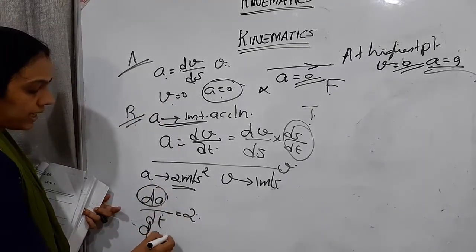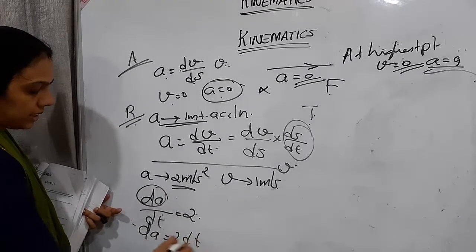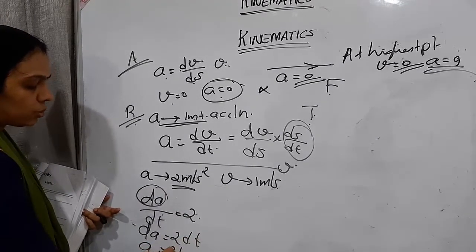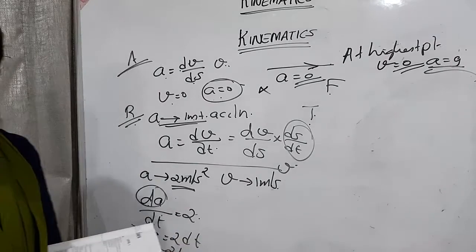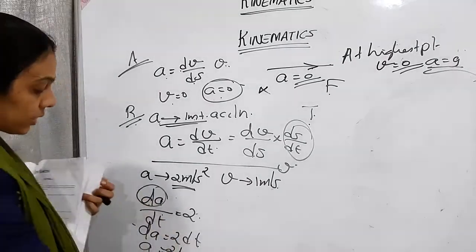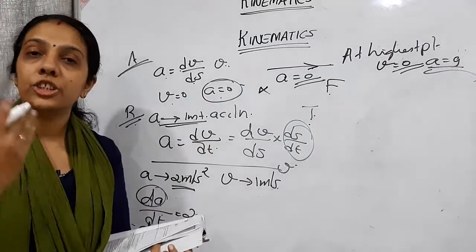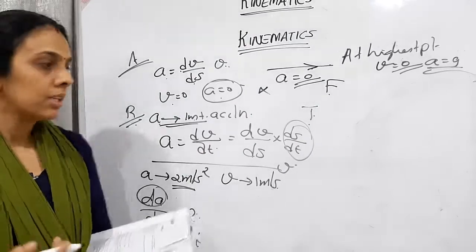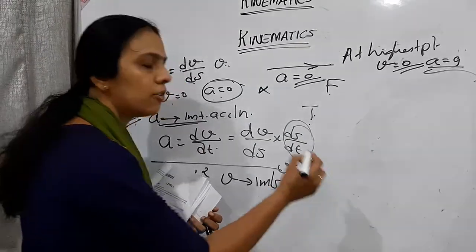Then what will be dA? dA will be equal to 2 dt. Therefore acceleration will be 2t. It is not increasing at a constant rate, it is changing with respect to time. So here the assertion is false.